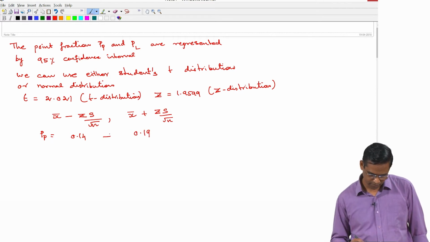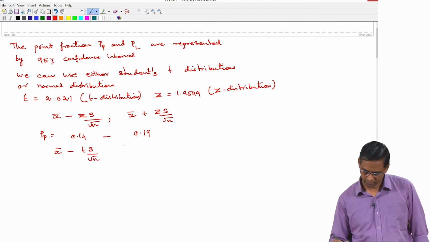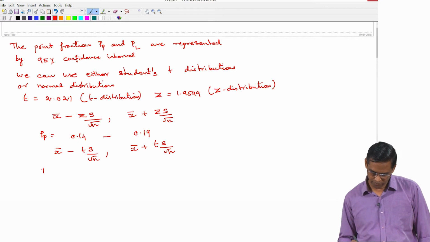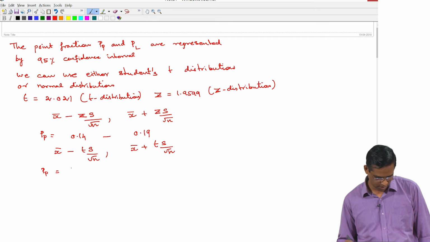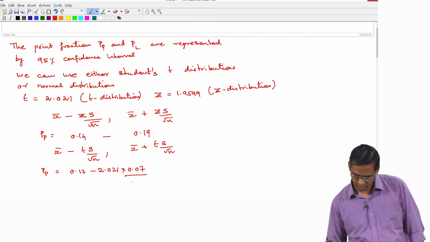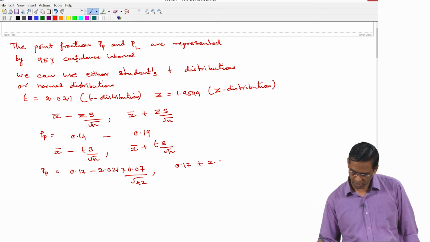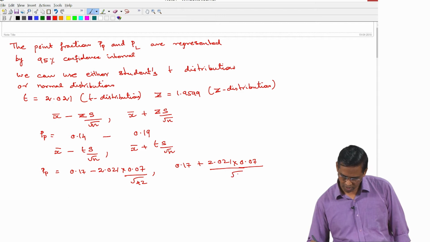So, this is the interval, and for a T distribution we calculate: the average PP is 0.17 minus 2.021 into 0.07, that is the standard deviation, divided by the square root of 42, and in this case 0.17 plus 2.021 into 0.07 divided by the square root of 42.